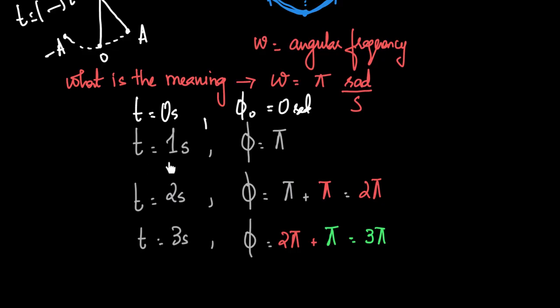Then at t is equal to 1 second, phi is equal to pi, since the angular frequency is pi rad per second.